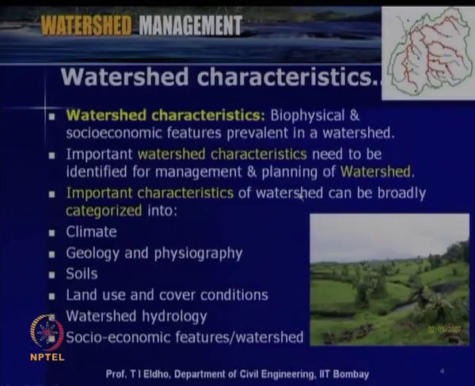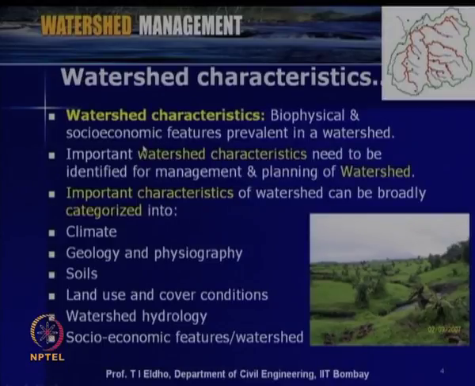As we have seen, various characteristics are there, and these mainly indicate the physical nature of the watershed, the biological nature of the watershed, the hydrogeological nature of the watershed, and the socio-economic features which are prevalent within the watershed.